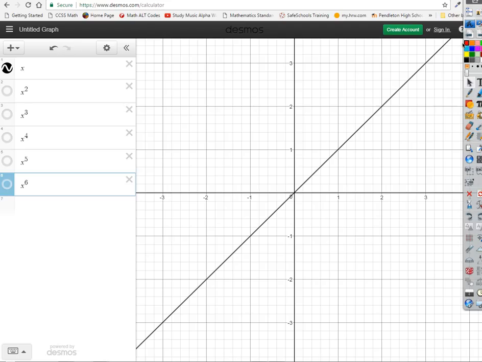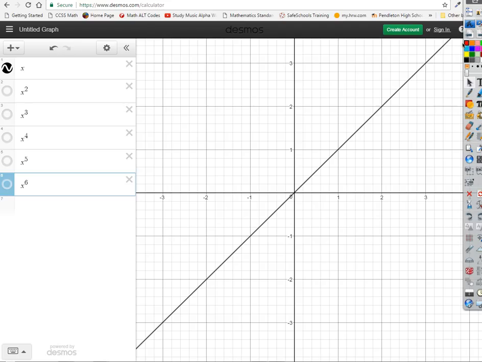So what are the x values that work in this function? Is there any limit? You could go forever to the left on this function or forever to the right, couldn't you? Agreed? So what is it? Negative infinity to positive infinity, all reals, right? It's everything. So written in interval notation, we'd say it's going to be from negative infinity to positive infinity. What about the range? Same thing, right?